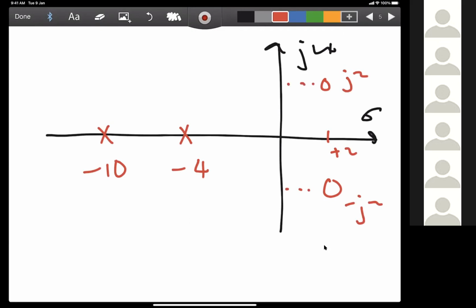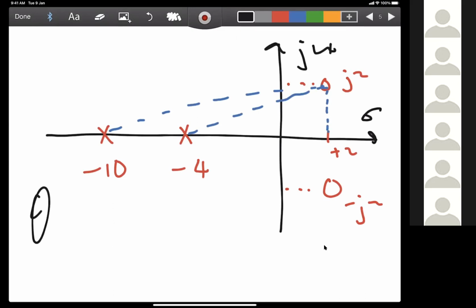We want to see the arrival angle, so the arrival angle should correspond to here.